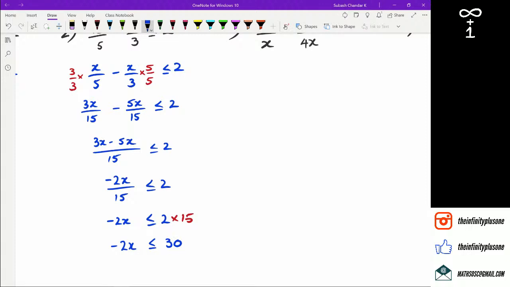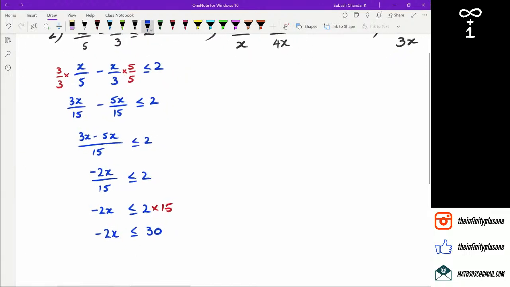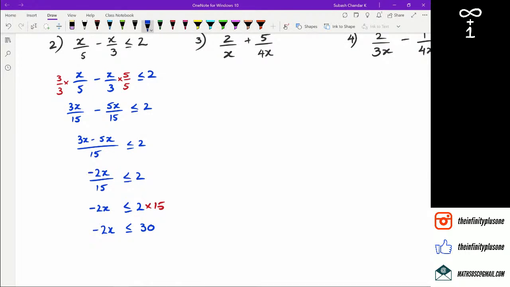Now one last thing to remember is when we are dividing by a negative number. In this case we're getting rid of the negative 2. Because it's getting multiplied on the other side, it's going to be divided by negative 2. And here's the kicker. Because we're dividing by negative 2, this is the part where we need to change the symbol.